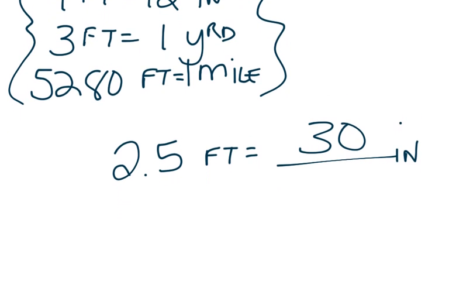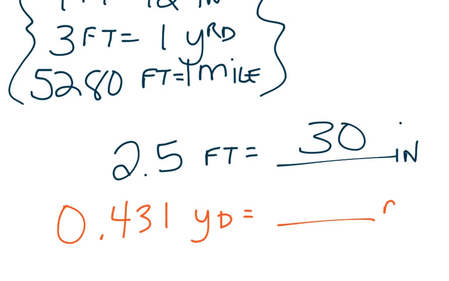Where you stumble is when I say, okay, good for you. Now I have 0.431 yards, and I'd like you to tell me how many miles that is. No calculator, go. Yeah, it doesn't work that way. Some of you may be able to do that in your head, and if that's you, then by golly, you're amazing. But for most of us, we need a system.